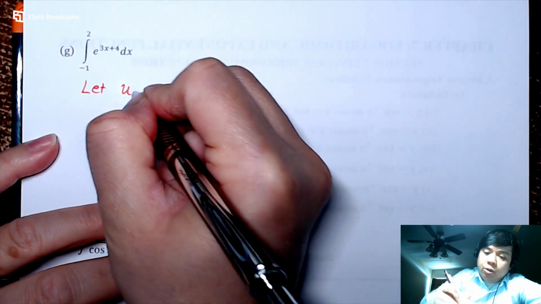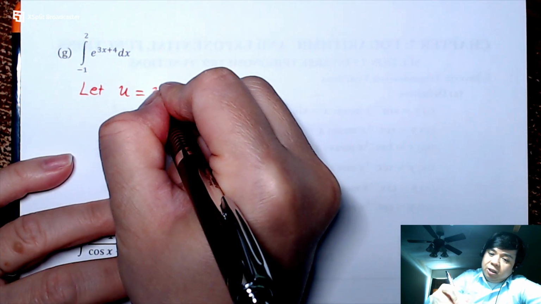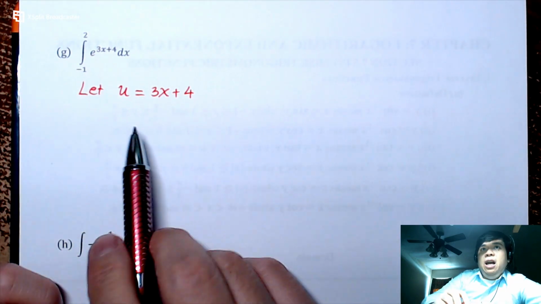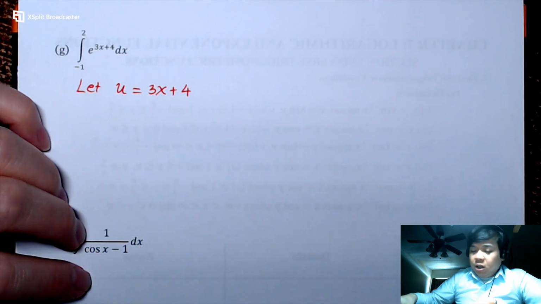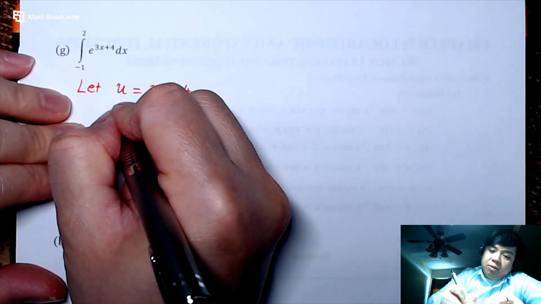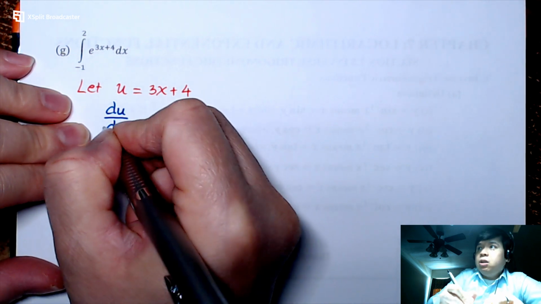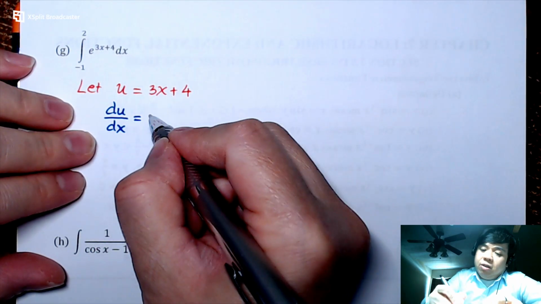Okay, I'll let u equal to 2x plus 4. And the substitution will have two components, u and dx. So to get dx, we find the derivative to solve for dx. Just take the derivative. The derivative of this is 3.